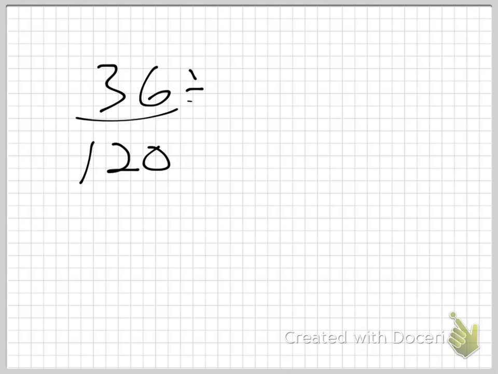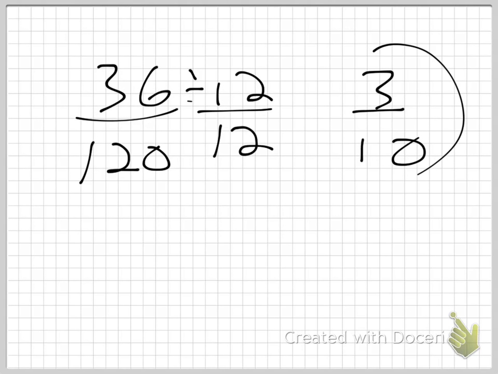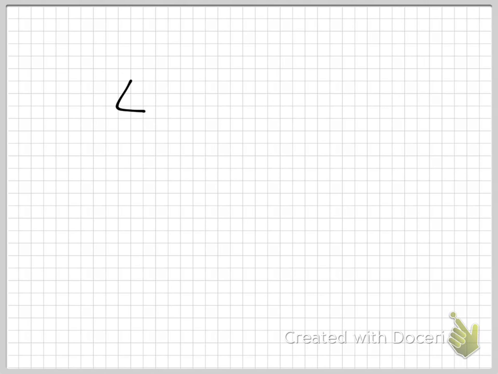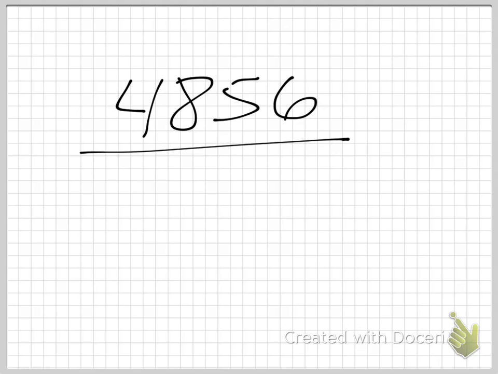You don't divide by 12. You divide by 1 in the form of 12 over 12, which is 3/10. So you're right. That is the way to do it. But here's the problem. That's a big number. You see what I'm talking about? All of a sudden, do you really want to be doing that? Sometimes they're not simple to do.